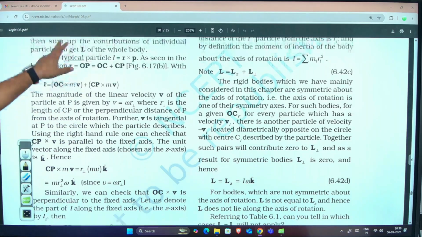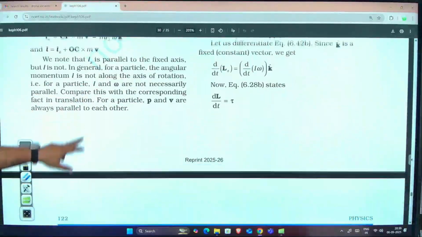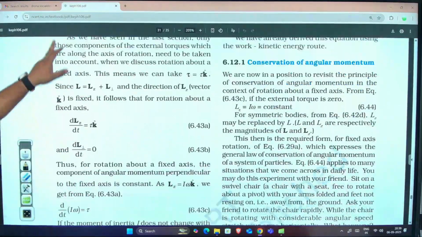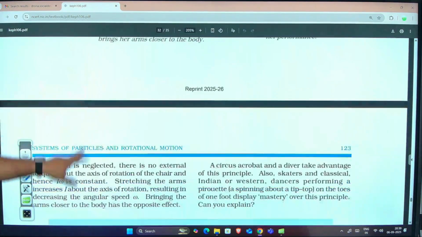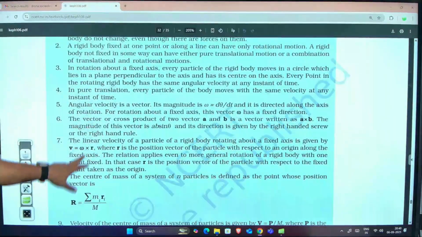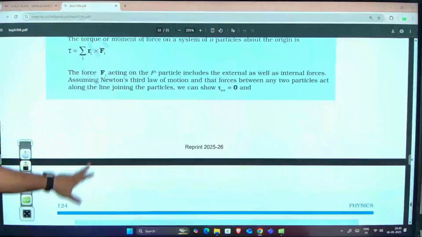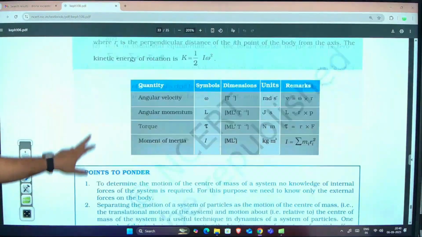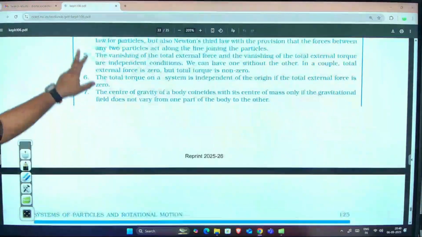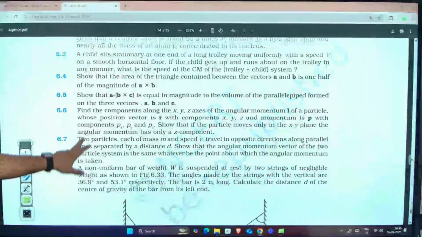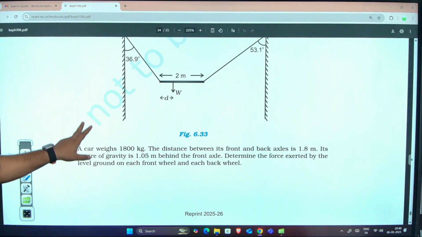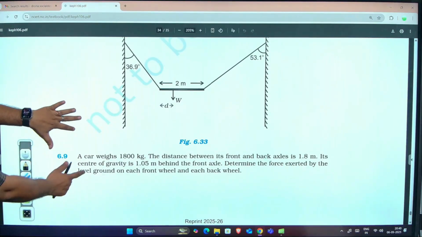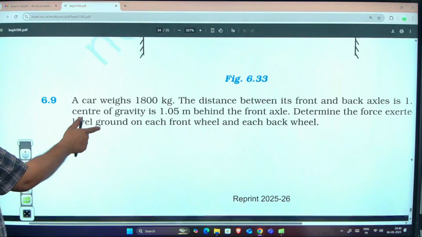Suppose I have taught angular momentum before, here the angular momentum is the last topic, don't get confused by that, okay? I have taught everything but not in the order. I have gone in my own order. I talked about 6.9. Even 6.8 you can try, simple only. But first do 6.9. Question is simple, in front of you.